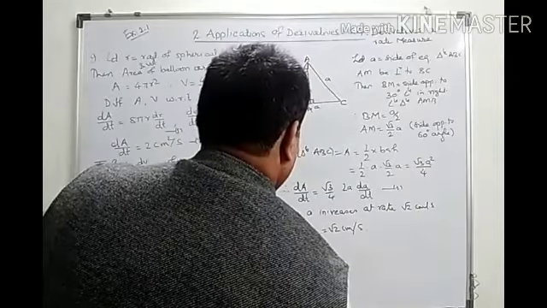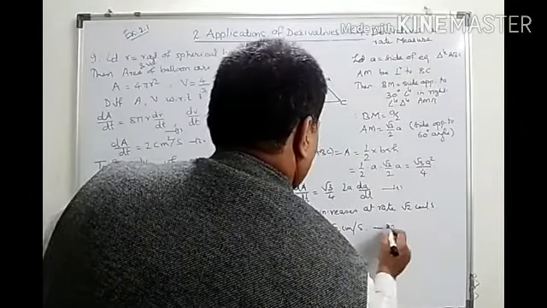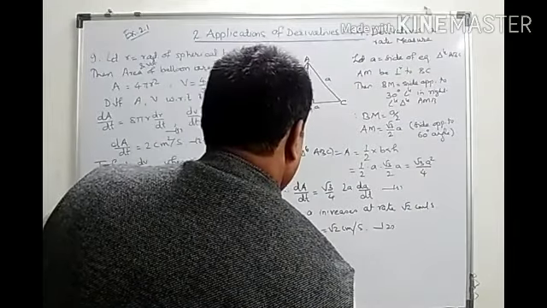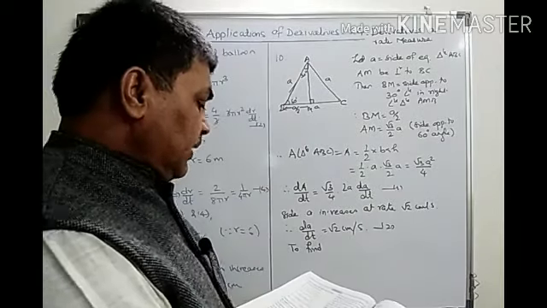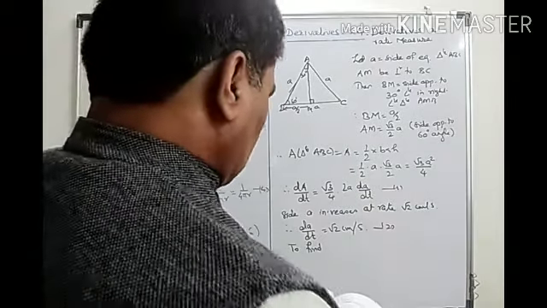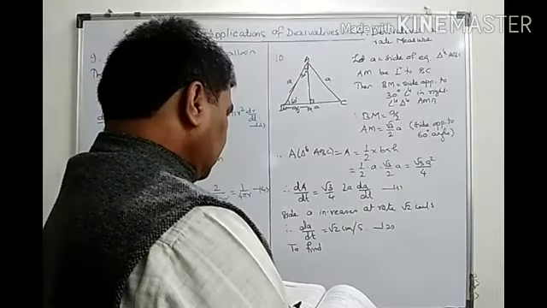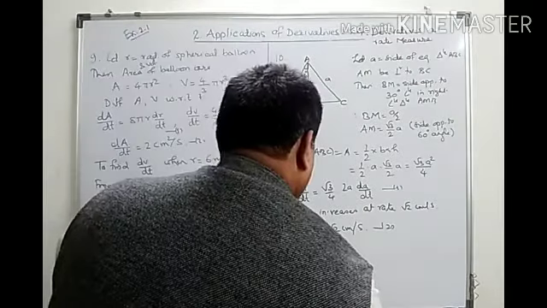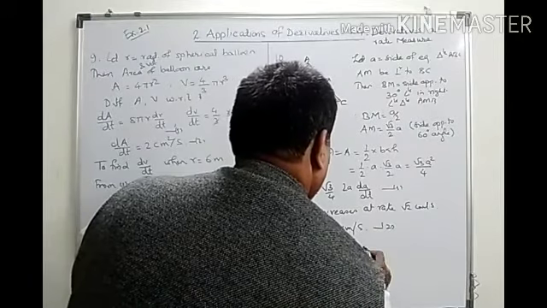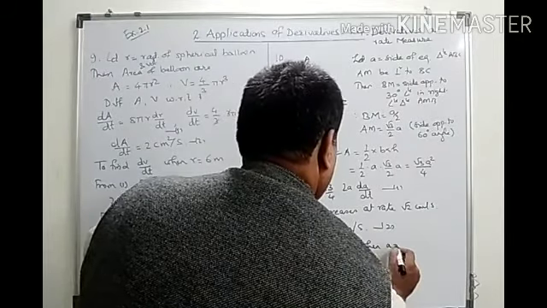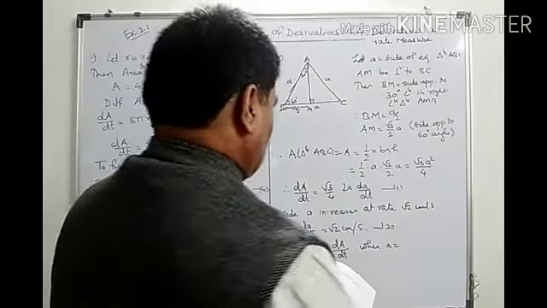Now what you have to find? To find the rate of increase in area when its side length is 3 centimeter. To find dA by dt when A is equal to 3 centimeter.